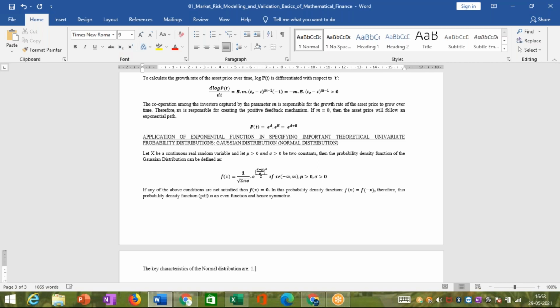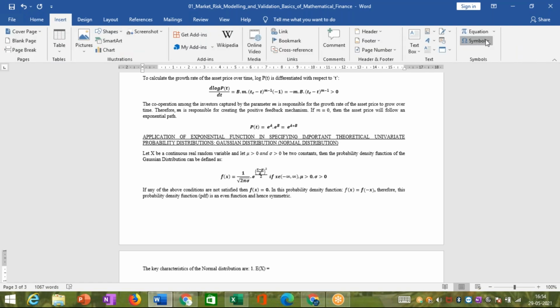Number one, the expectation of this random variable x is mu.